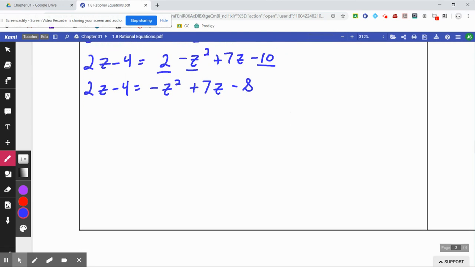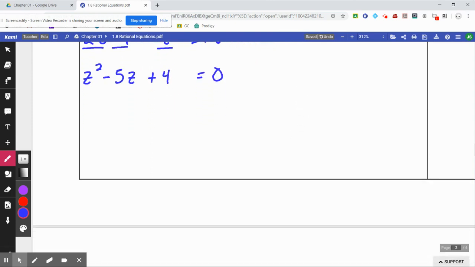Now everything comes to the left side, so negative z squared becomes a positive z squared. When you move the plus 7z by subtracting 7z, that gives you 2 minus 7, which is negative 5. When you move minus 8 by adding 8 to negative 4, that gives you a positive 4. And nothing's left on the right side, so put your 0.